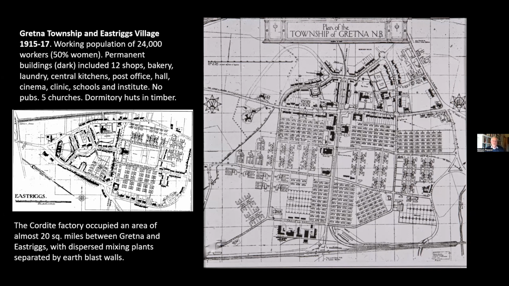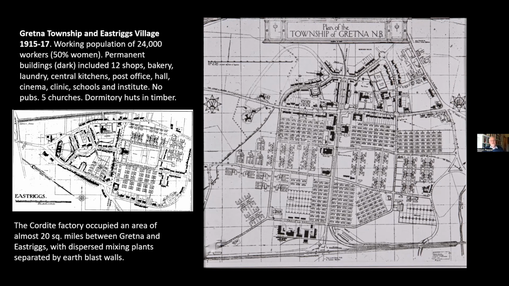The biggest explosives factory in the Western world was being constructed from 1915 to 17, between two villages, Gretna and Eastriggs. The factory itself occupied about 20 square miles because the plants were all separated for safety reasons.